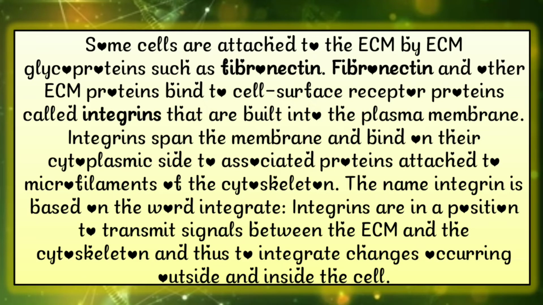Integrins span the membrane and bind on their cytoplasmic side to associated proteins attached to microfilaments of the cytoskeleton. The name integrins is based on the word integrate. Integrins are in a position to transmit signals between the ECM and the cytoskeleton, and thus to integrate changes occurring outside and inside the cell.